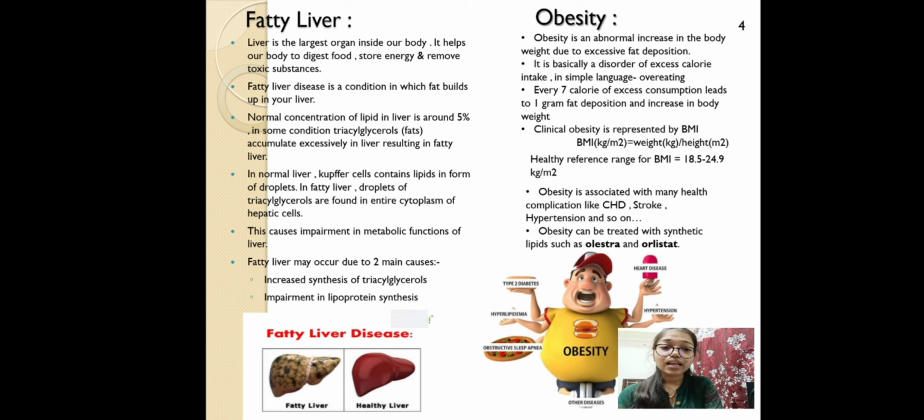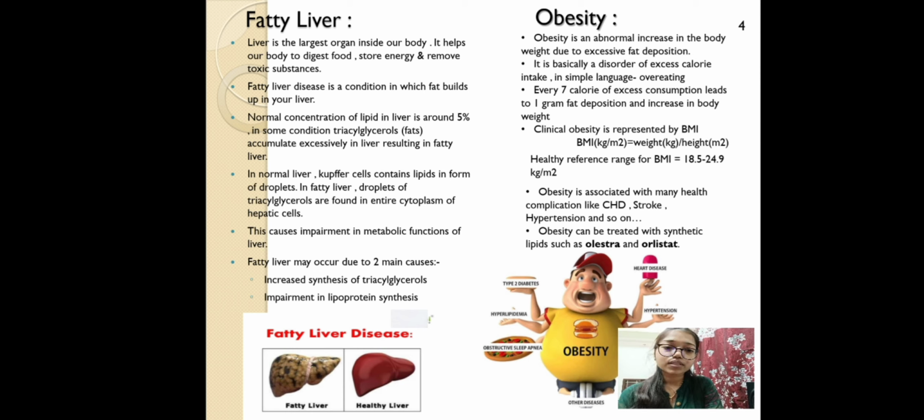So anything in excess is not good for health, right? Likewise, obesity is caused by excess intake of calories. Every 7 calories of excess consumption leads to 1 gram of fat deposition and an increase in body weight. So for every excess calorie intake, it also leads to fat deposition, which ultimately leads to an increase in the body weight.